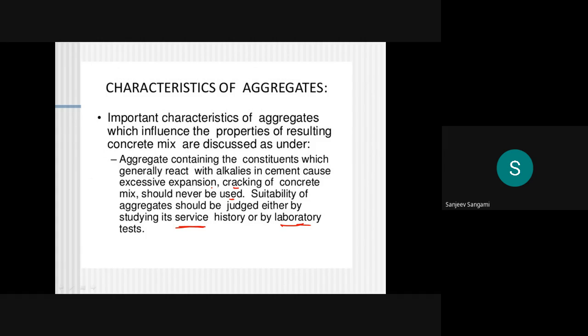This is very important. Aggregates contain constituents which generally react with the alkalis in cement. One very important alkali is NaOH, sodium hydroxide.